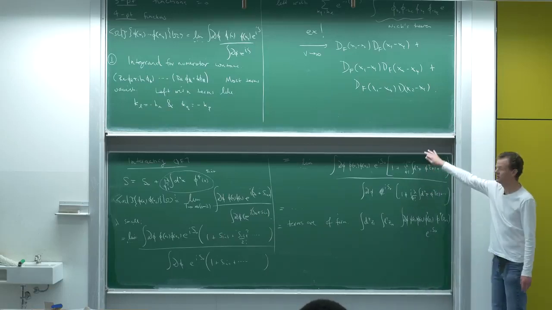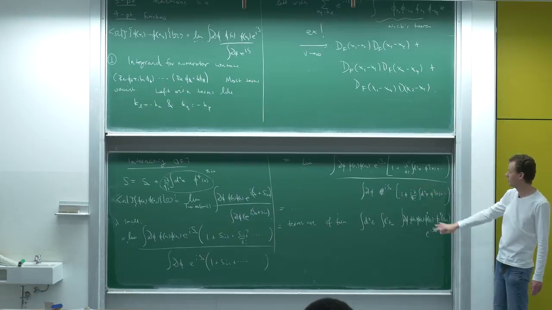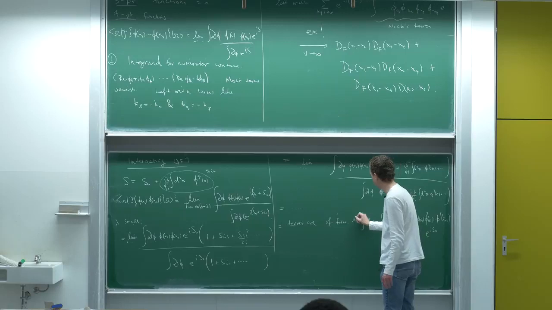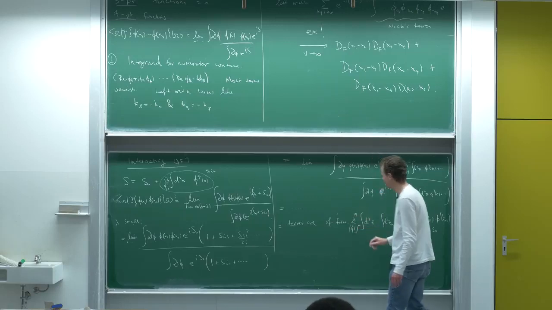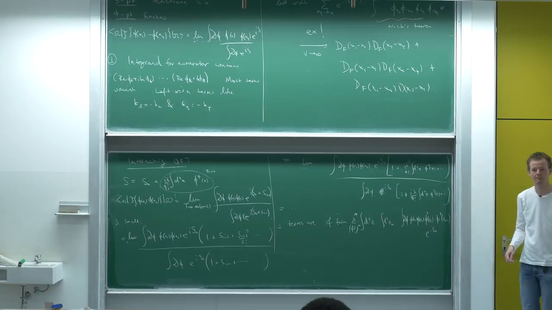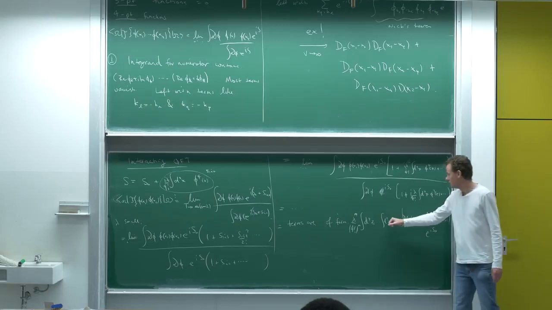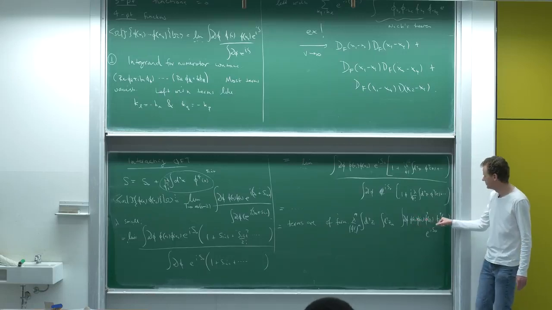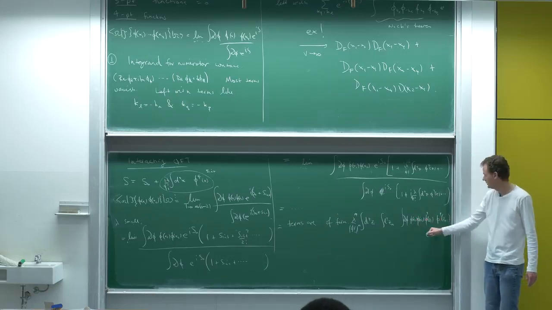So all the terms in this infinite series here are always going to have the form of some integrals with some powers of lambda of the path integral of phi(x1), phi(x2), and then a bunch of other phi's, e^{iS_0}.